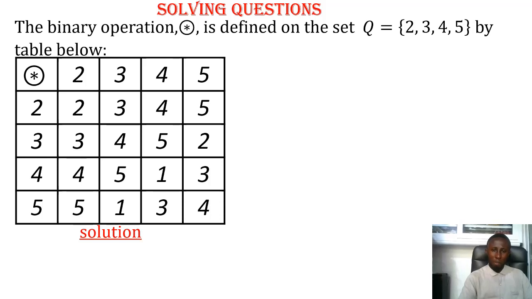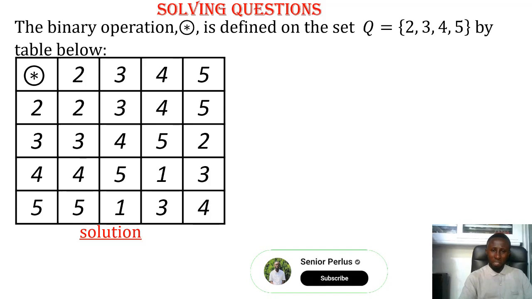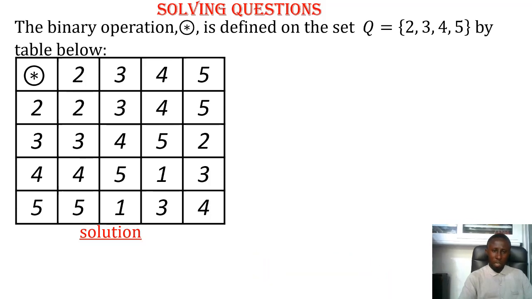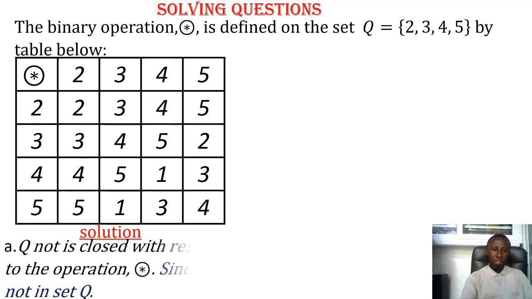Let's see: 2 is there, 3 is there, 4 is there, 5 is there, 3 is there, 4 is there. 1, is 1 here? No. So this operation is not closed. Q is not closed with respect to the operation since 1 is not in the set Q.